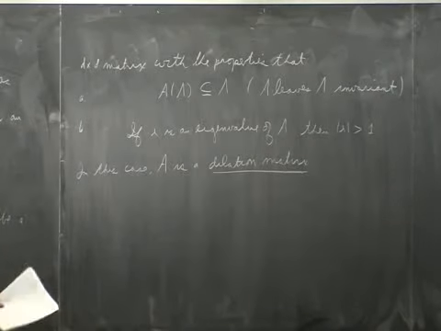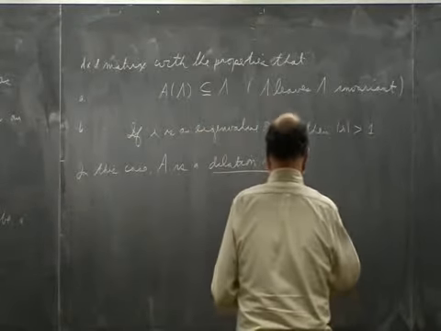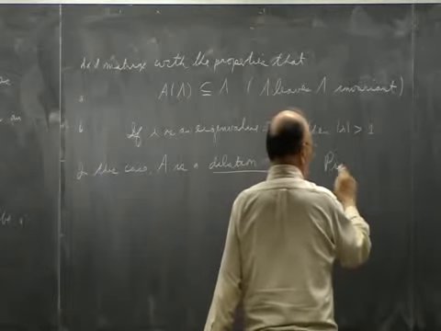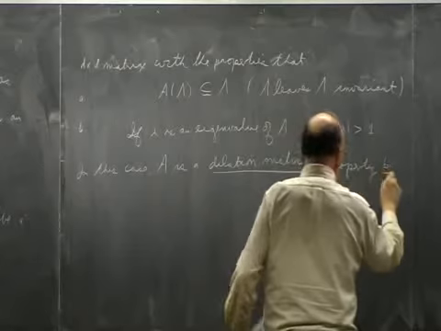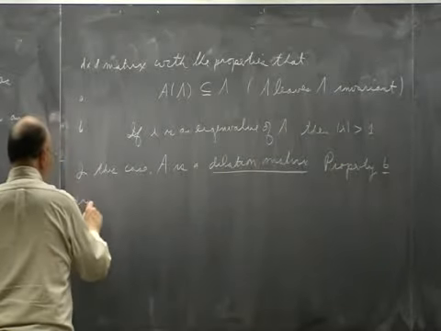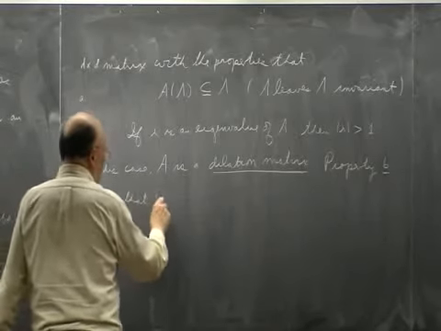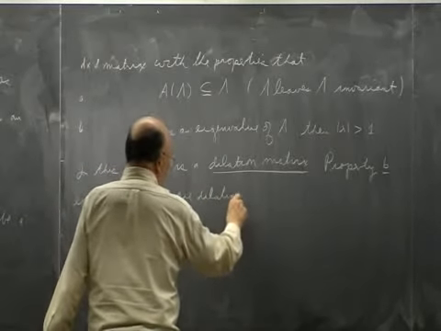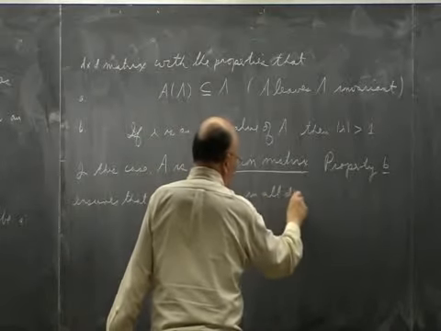Well, this property here, property B, seems like a strange one at first glance, but property B ensures that we are dilating in all directions.